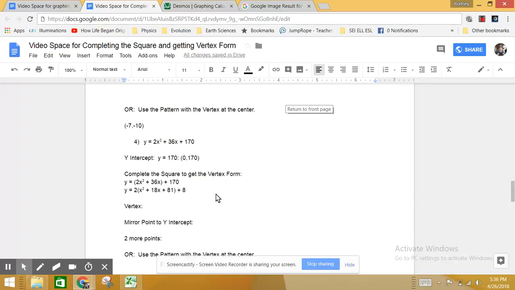I know my y value at my vertex is 8. And x squared plus 18x plus 81 is x plus 9 squared. So now I have my vertex form, and my vertex is negative 9, positive 8. That is the middle of my parabola.